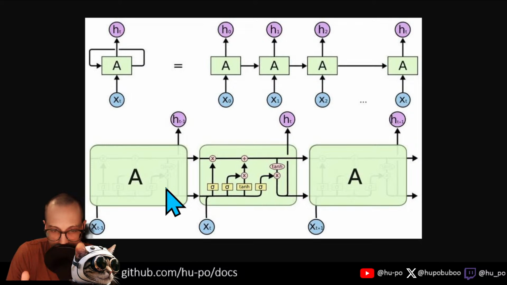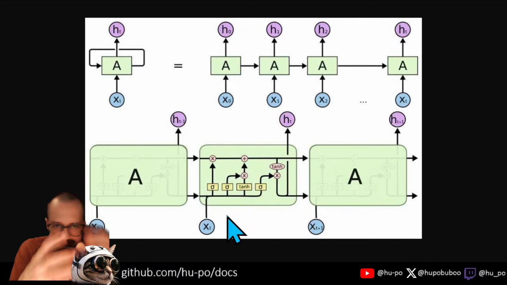So much like you can decide how far back in time to look with this LSTM, you can also decide, okay, I'll just feed the past 20 states into my Transformer, and there you go. That's kind of equivalent to an LSTM that has 20 previous steps backwards.